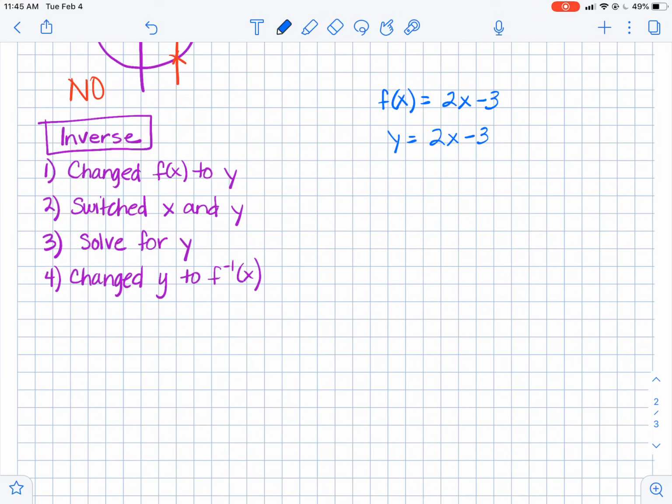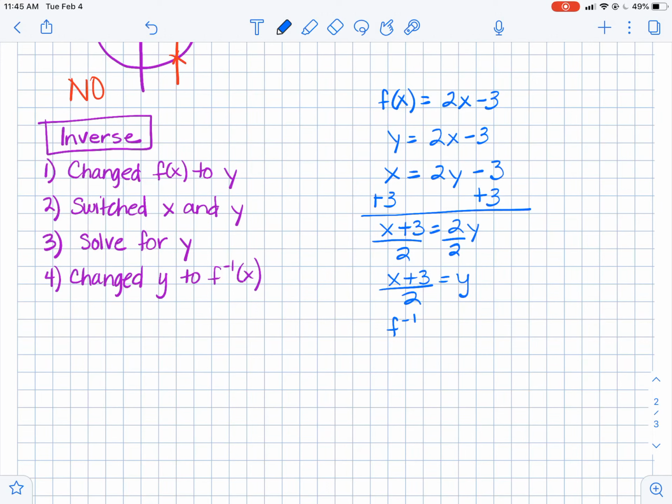My next step is to switch the x and the y. My next step is to solve for y. So in that case, I'm going to add the 3. Divide by the 2. And then our final step is to change the y to f inverse of x.